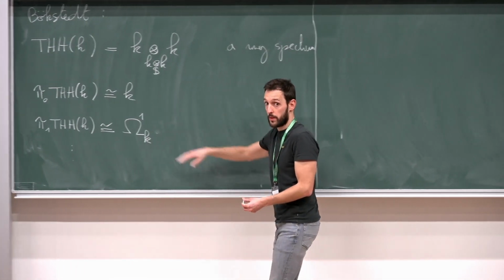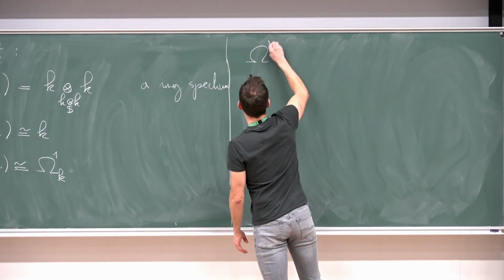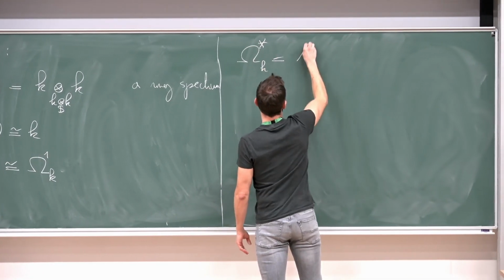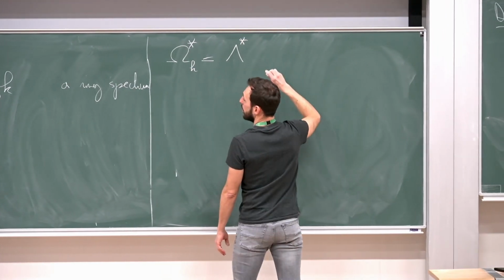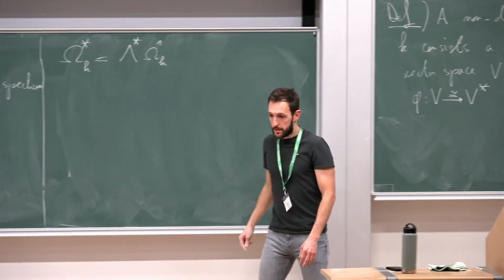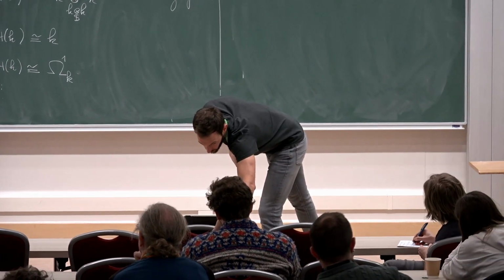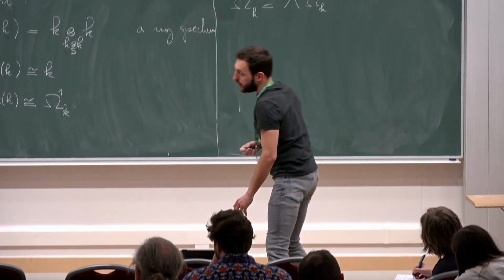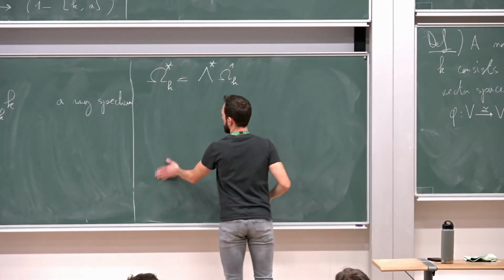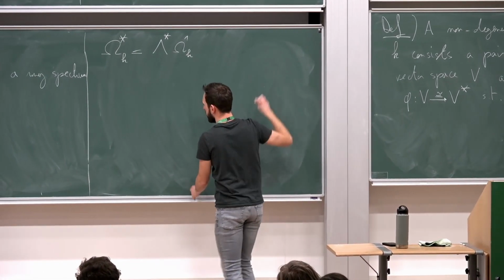We can just take the de Rham complex. So we define the de Rham complex of K. This is just the exterior algebra on omega 1. And what's the relationship between this thing and Milnor K-theory?